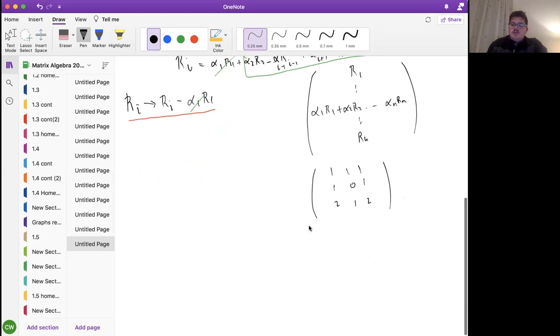Let's take row 3 and do row 3 minus row 2. What do you get? One, one, one.